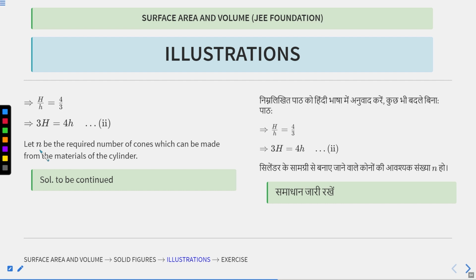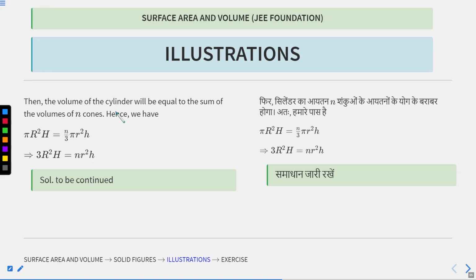Now to find n, and n we are taking as the required number of cones which can be made from the material of the cylinder. So let's see. Just using the volume formula, I used it like this, just dividing.